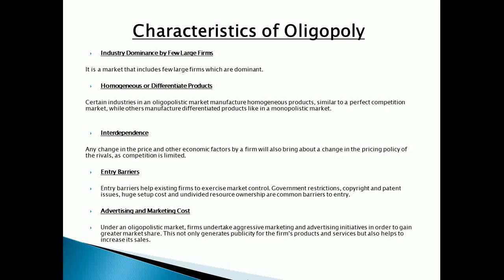It comprises two segments. One is relatively more elastic, which results if a firm increases its price, and the other is relatively less elastic, which results if a firm decreases its price. If a firm cuts price, it would gain a huge increase in market share.